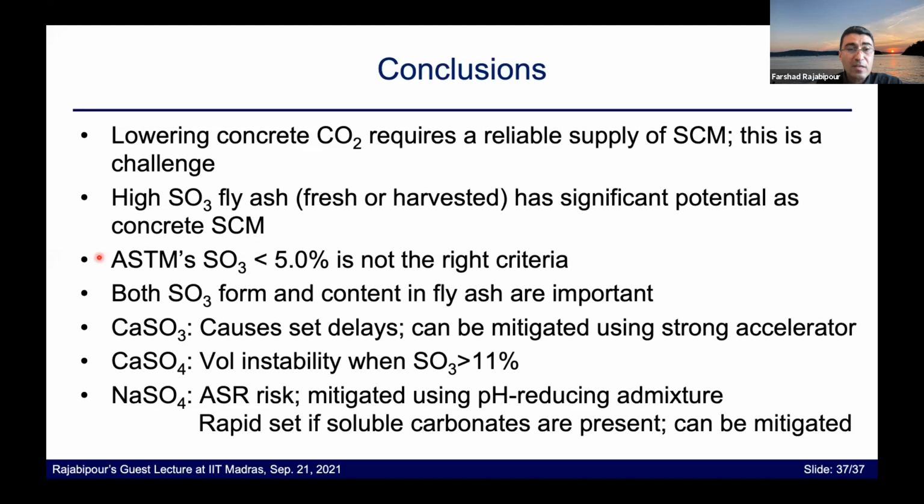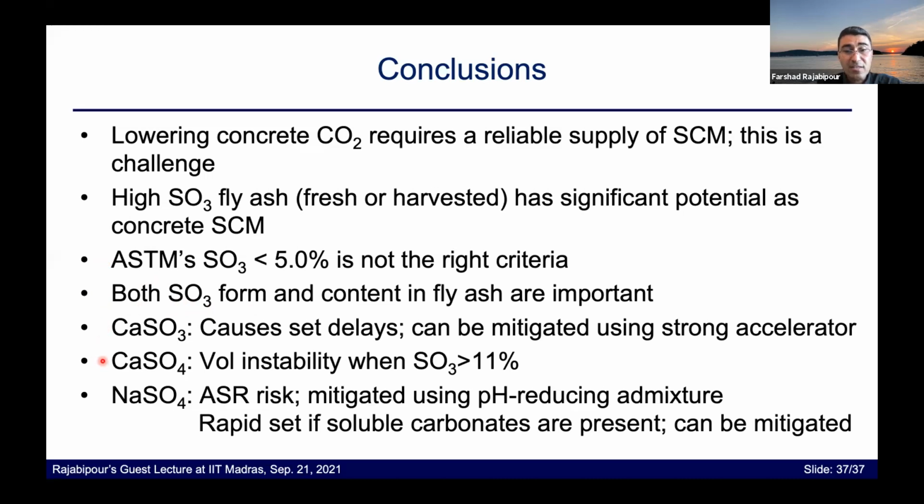In our opinion, the ASTM's current limit of 5% SO3 is not the best criteria. It is actually somewhat overly conservative, and also it does not account for the form of SO3, and the form of SO3 can make a large impact on how that fly ash performs in concrete. We know that calcium sulfite primarily can cause set delays, but it can be mitigated by use of strong accelerators.